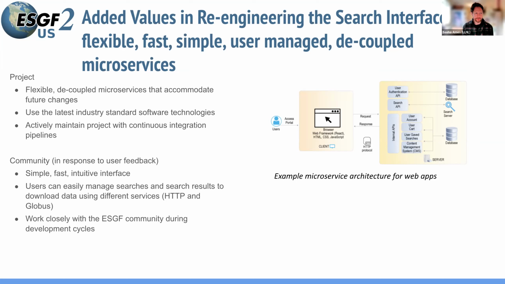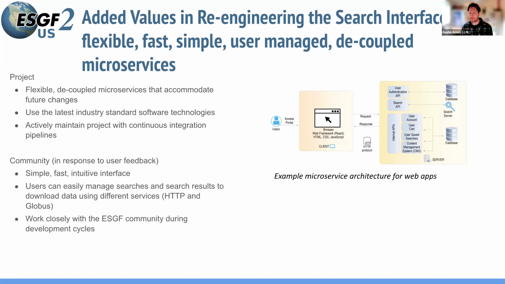We want to provide a simple, fast, and intuitive interface where users can easily manage searches and search results, and download data with the different services. And we want to work closely with the ESGF community during our development cycles. So with microservices, the user will interface with the browser.